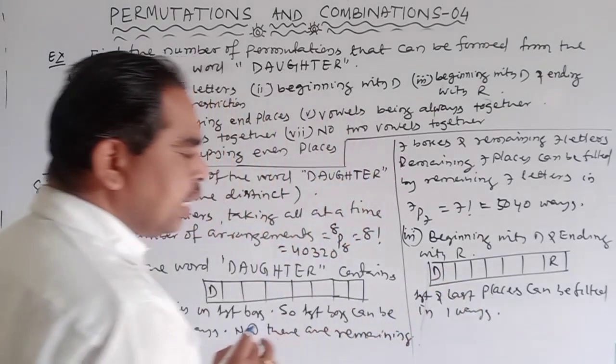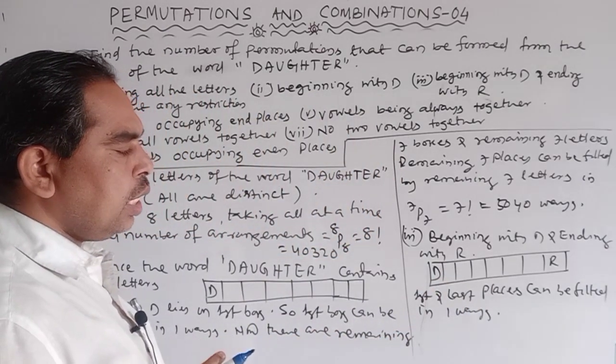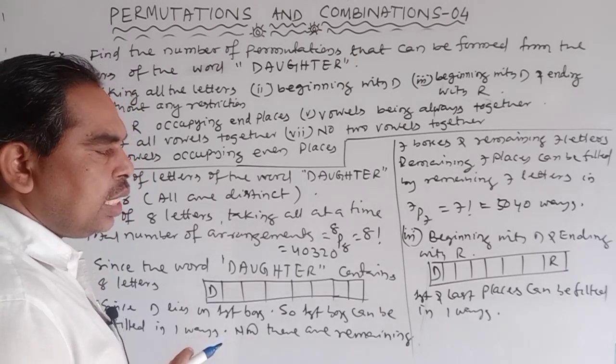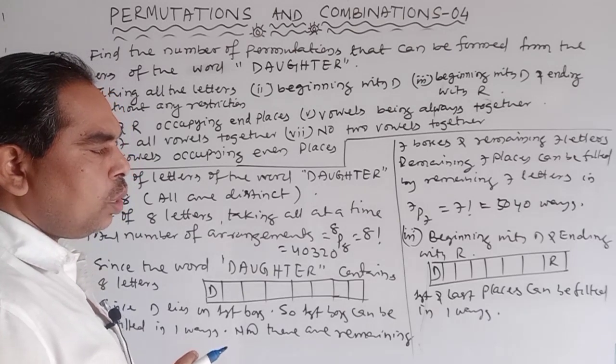The remaining 6 places can be filled by the remaining 6 letters in 6P6 ways, that is 6 factorial ways. Okay, that is 720 ways.